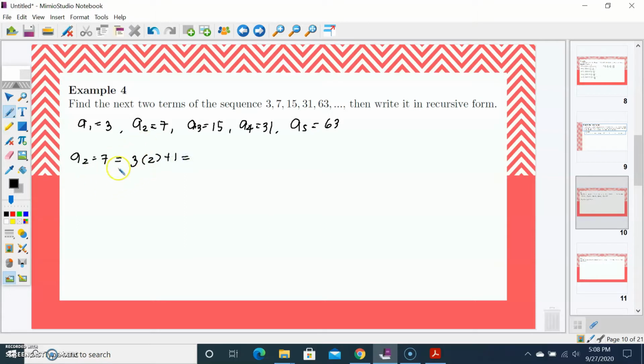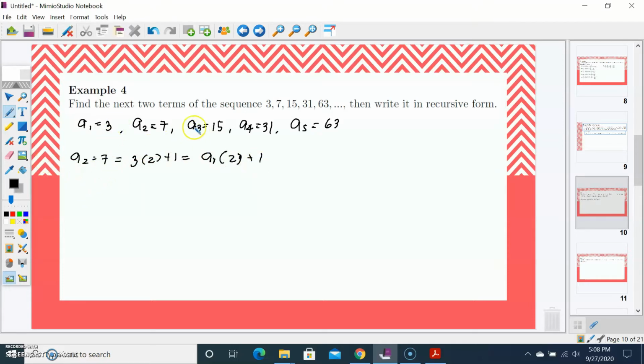Now, 3 here, in relation to our sequence, is our a sub 1. So, meaning I can rewrite this as a sub 1 times 2 plus 1.